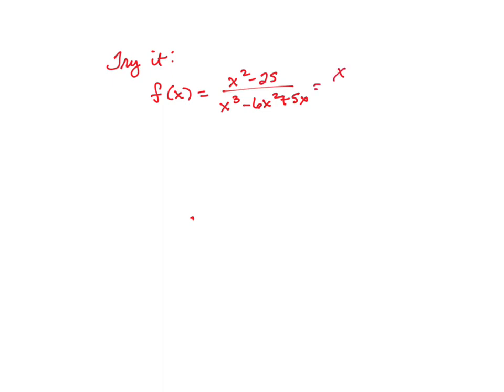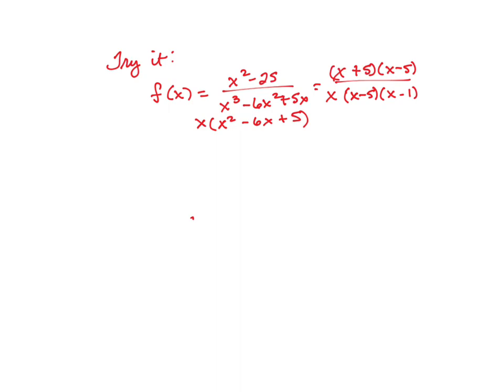So if you factor the top, you're going to have x plus 5 and x minus 5. And on bottom, you're going to factor out one of the x's. That'll bring it down to x squared minus 6x plus 5, which is x minus 5, x minus 1.